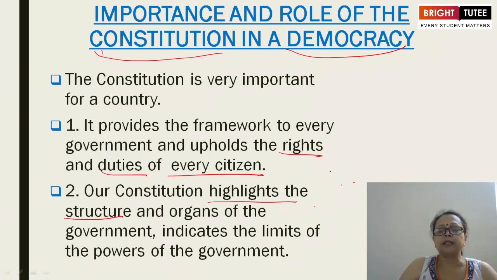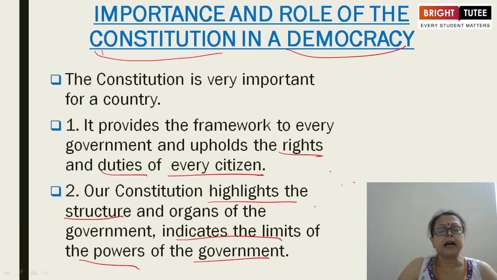Our constitution highlights the structure and organs of the government, which indicates the limits of the powers of the government. So this is the Indian Constitution. In our constitution, the entire structure of the government is laid out: the union or central government, the state government, then local self-government.